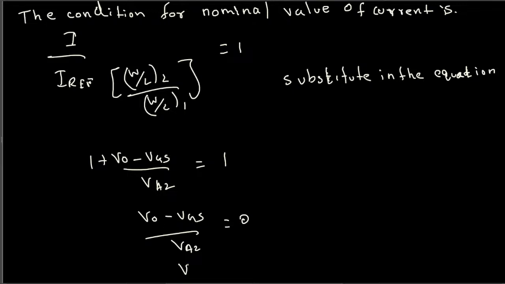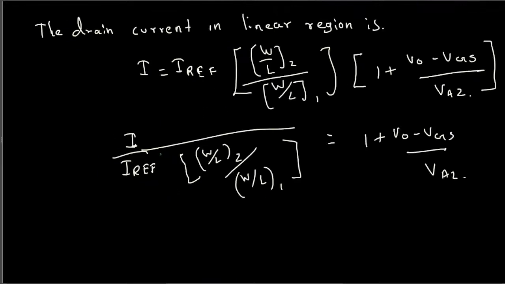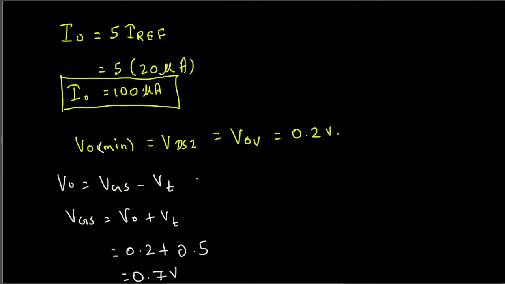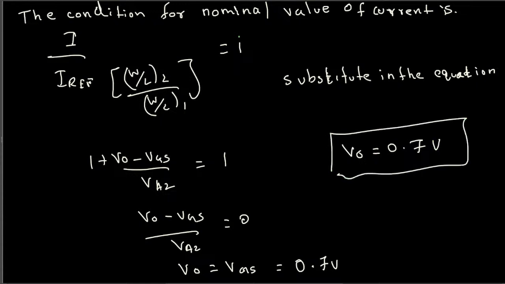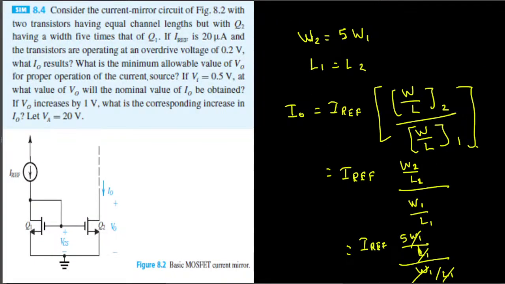So finally V0 becomes equal to VGS, which is the value we calculated over here, 0.7 volts. So the answer is V0 should be 0.7 volts to obtain the nominal value of current.